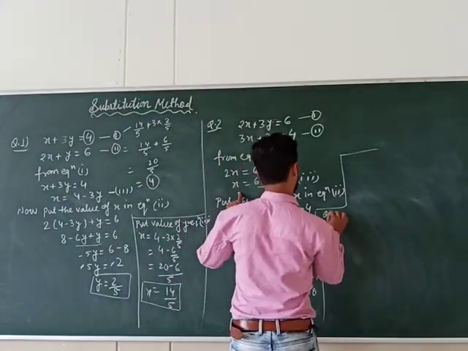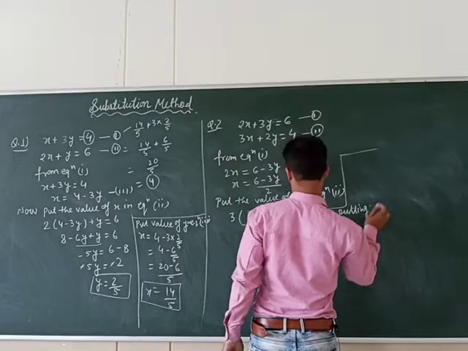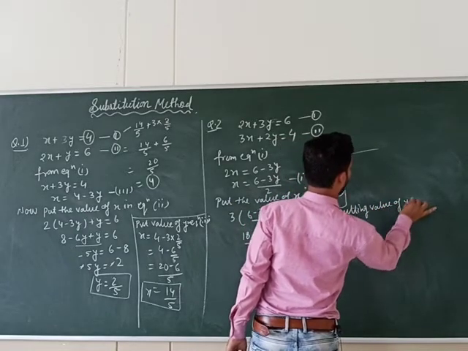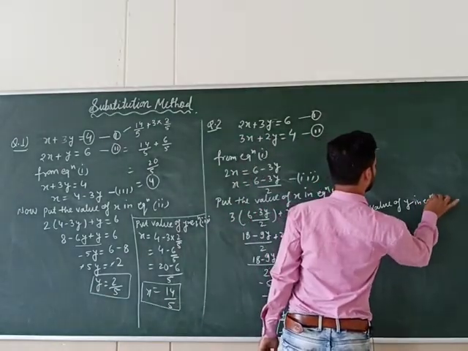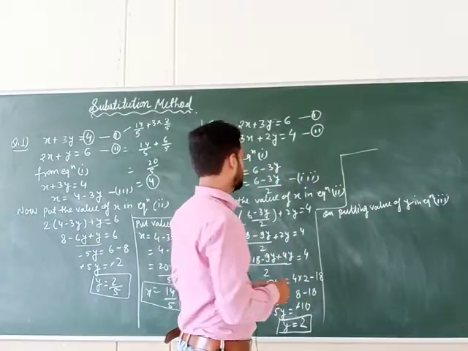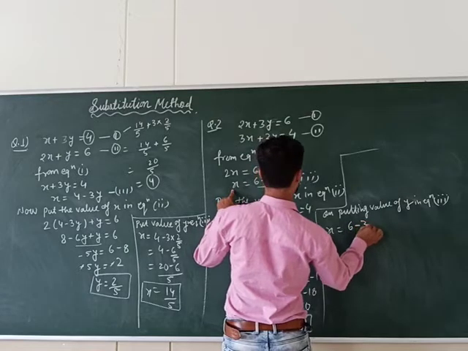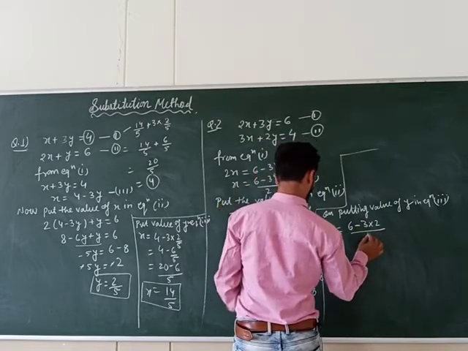So on putting the value of y in equation third, here you see x is equal to 6 minus 3 into the value of y, which is 2, and this will be upon 2.